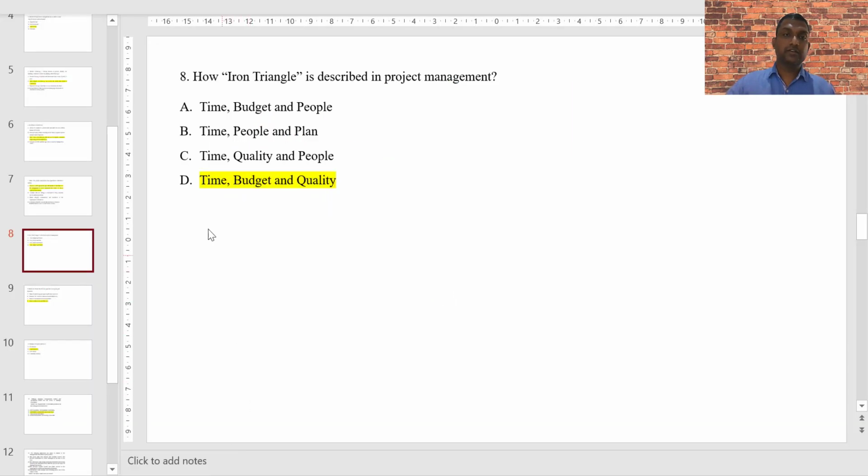In the answers given, all the answers have time. So one of the key things out of the three should be time. Any project has to be completed within a given time frame, otherwise it's not going to be effective and efficient. One of the basic needs is to have a time frame. That's why we say it's a project.